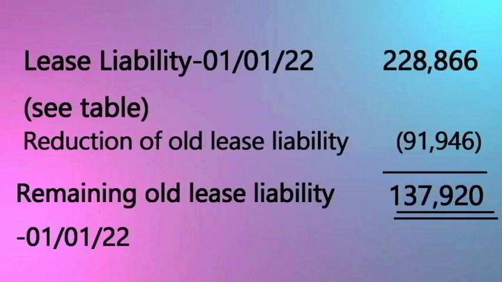Then, yung reduction of lease liability. So, sa step 2, nakuha natin na decrease in carrying amount of lease liability na 91,946. So, dideduct natin siya sa lease liability as of January 1, 2022 para makuha natin yung remaining lease liability. So, meron tayong difference na 137,920.